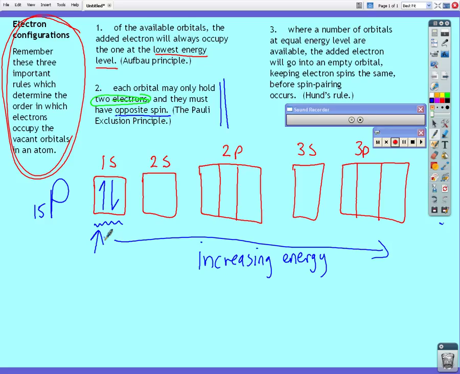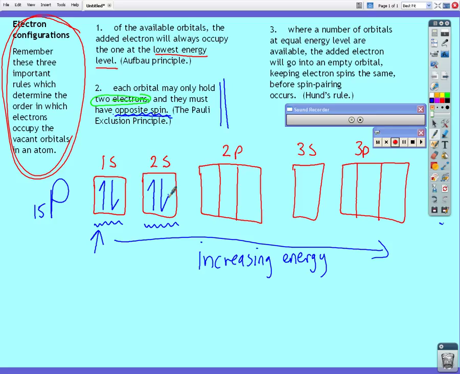Our next electron will go into the next orbital of lowest energy, which is the 2s. So we put another electron here. That gives us 3. The 4th electron is going to go into the same orbital because it's got the same energy, but it must have, again, opposite spin. So we've filled in 4 electrons now.